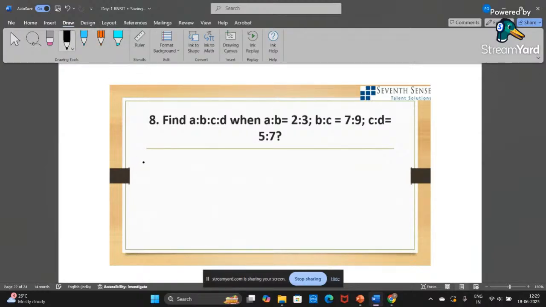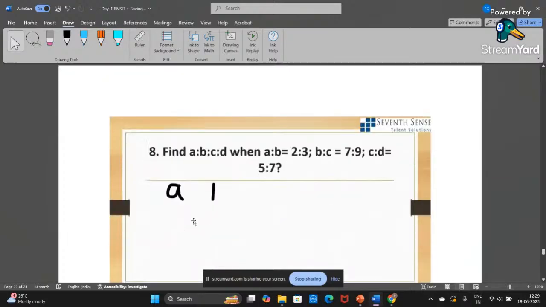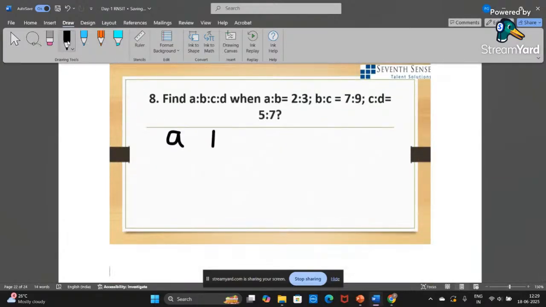So first I'll teach you the method of how to calculate when there are 4. Let's write this: A, B, B, C, and C, D.